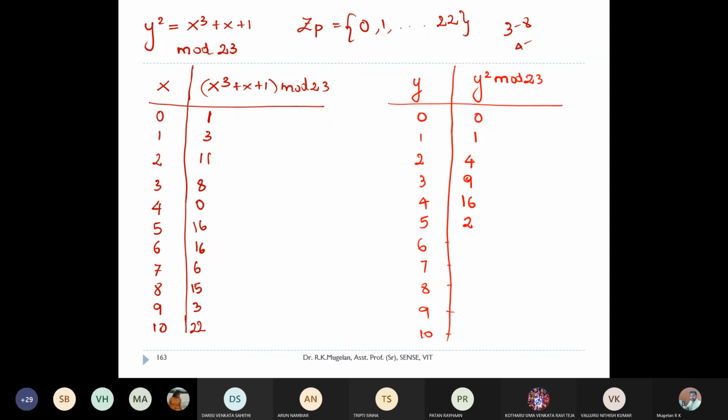For 6, you're getting 13. Okay. For 7. Guys, if you are getting different answers, someone kindly notify me. I'm just relying on you people posting. 7, okay. 8, 4 mod 23.